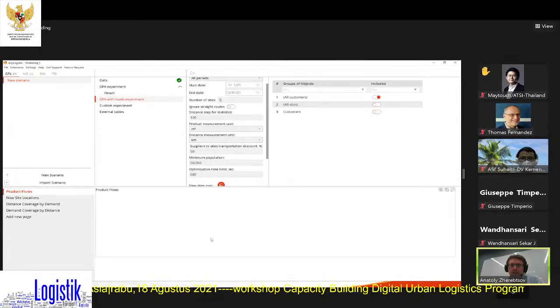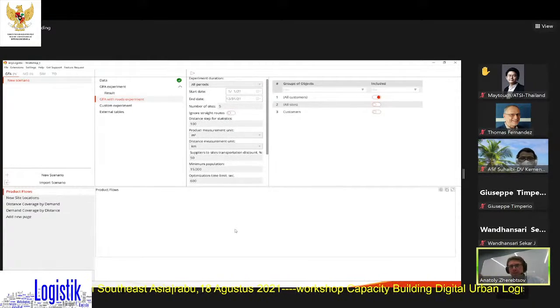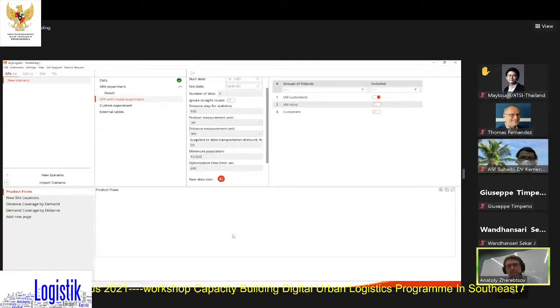For each found location, it also finds cities nearby with the minimum population defined here and chooses the best location from these cities based not on as-the-crow-flies distance, but on road distances.